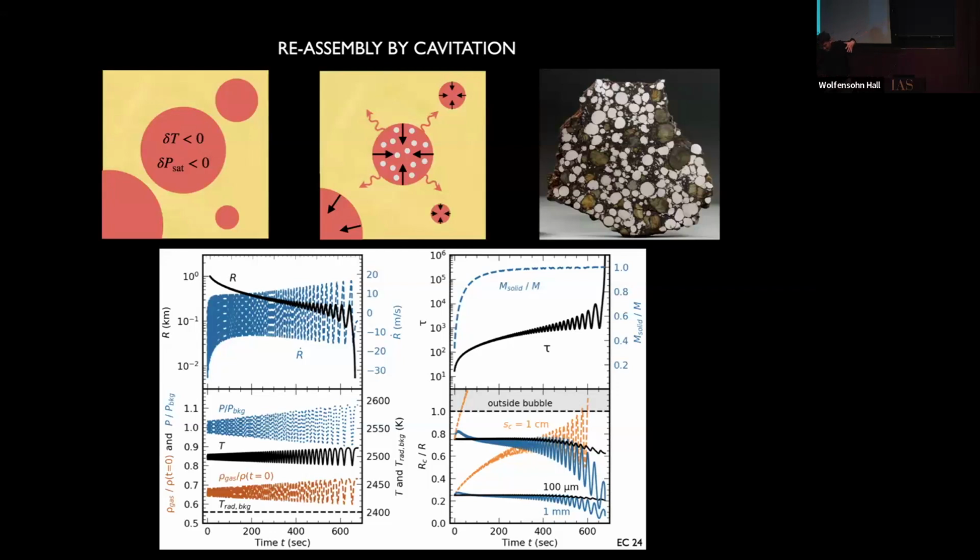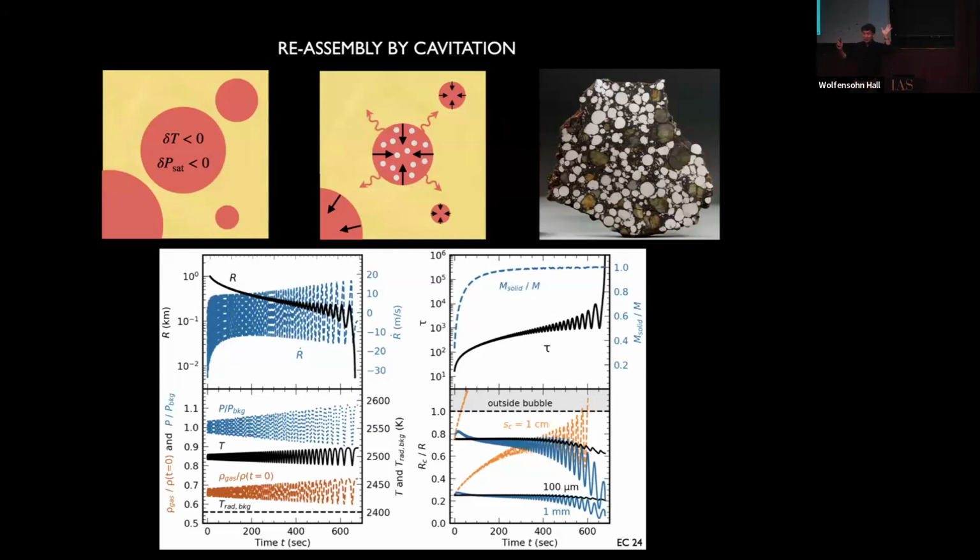And when you compactify, which you can do really fast, you could even approach the sound speed in the collapse. When a kilometer-sized bubble collapses, if you can get it down to solid density, you create a parent body about 10 meters in size, filled with melt droplets. And there's a size filter too, because you can't entrain things that are too big.